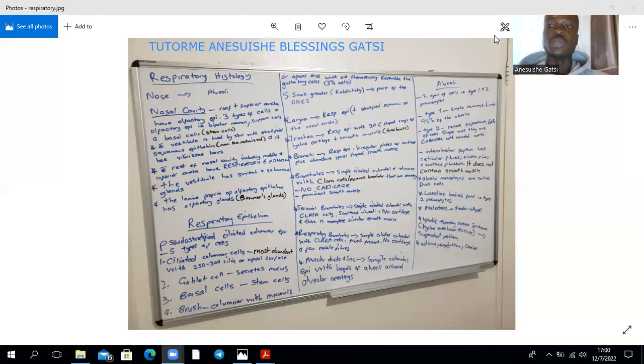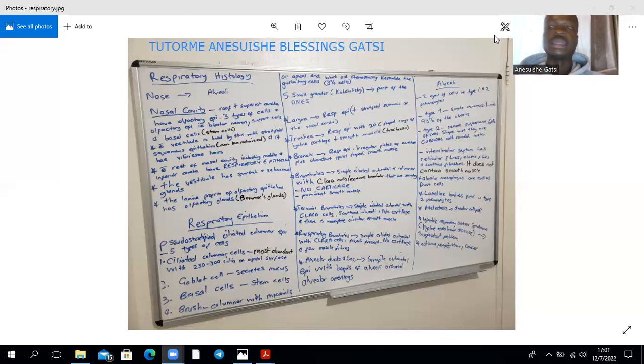And if you look at the supporting cells, remember earlier I said these will have a pigment within them, just like the olfactory glands, which will give this olfactory mucosa a yellowish brown appearance in the living, right? Then they have numerous mitochondria on the apical end, as well as microvilli.